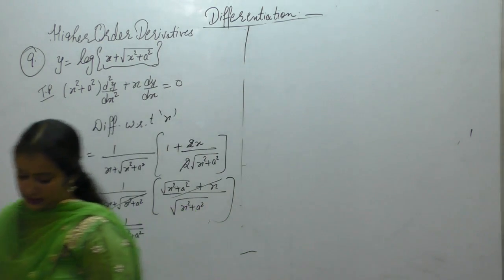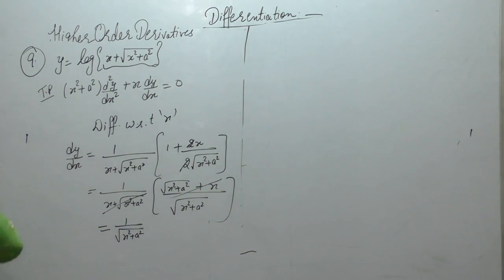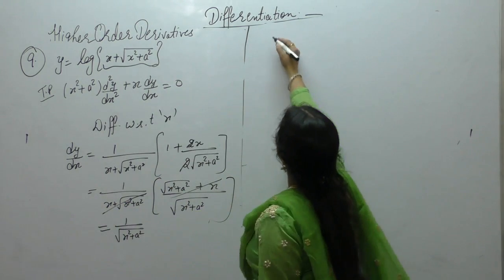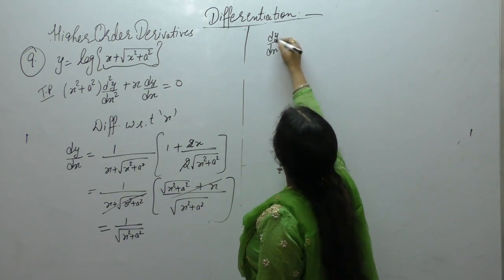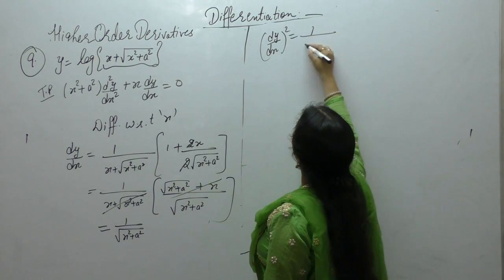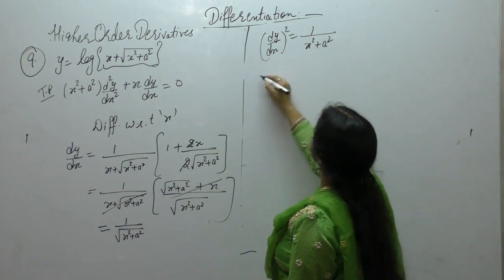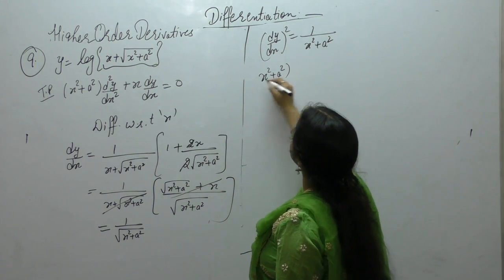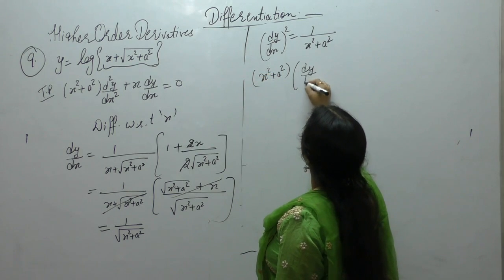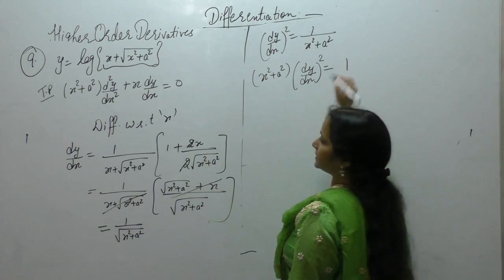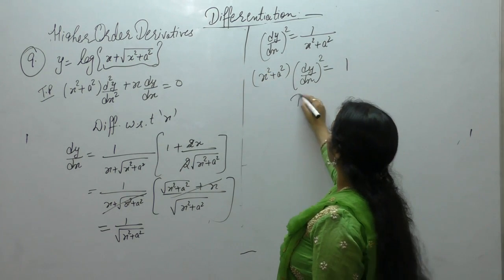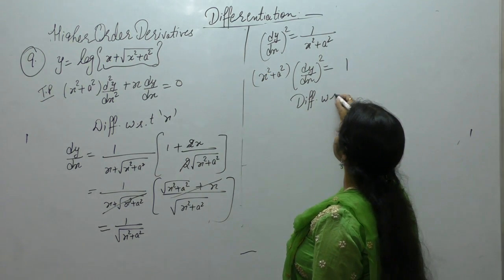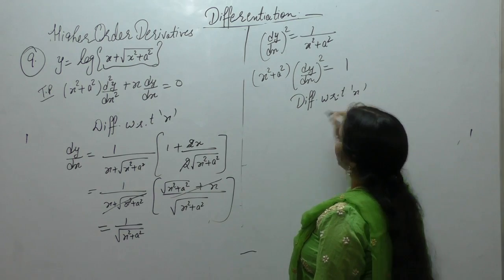Clear? In the next step, squaring both sides, dy upon dx whole square is 1 upon x square plus a square. x square plus a square into dy upon dx whole square is equal to 1. Now again differentiate with respect to x. What we get?